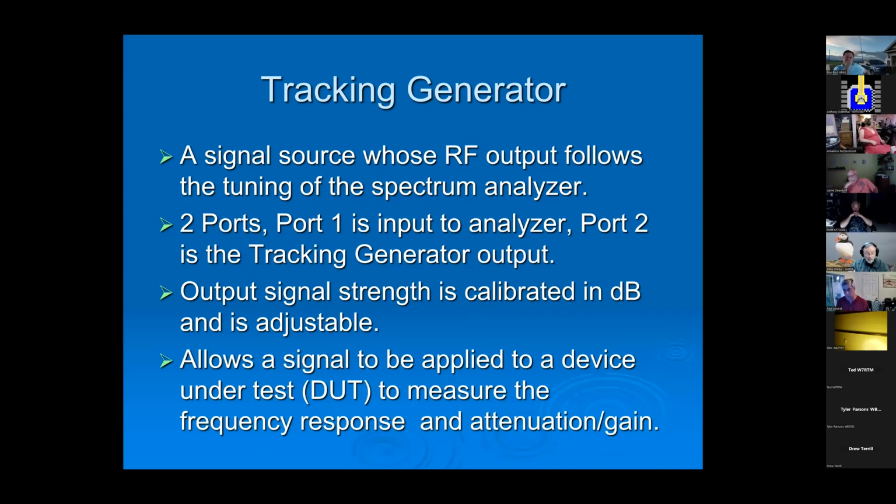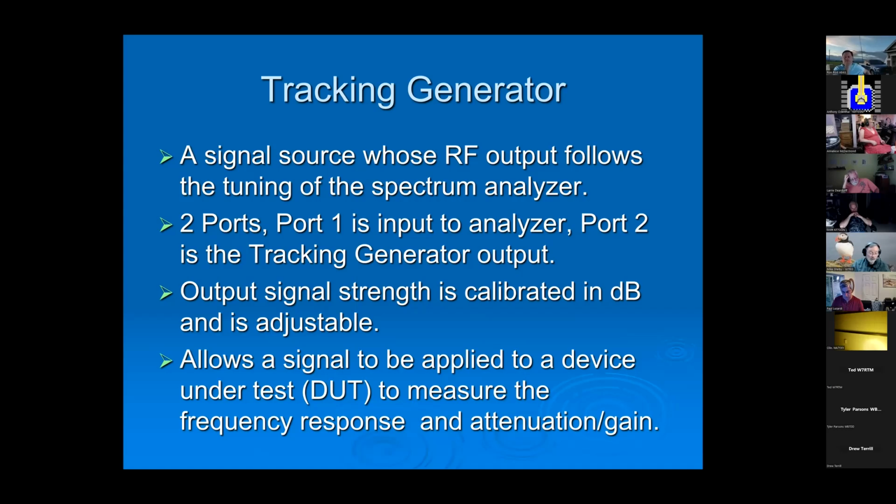On a true tracking generator, the output is calibrated in dB, and it's normally adjustable, so you can adjust whatever you want for the output. It allows a signal to be applied to a device under test. Anytime you see DUT, one of those mythical terms out there, it always stands for device under test.